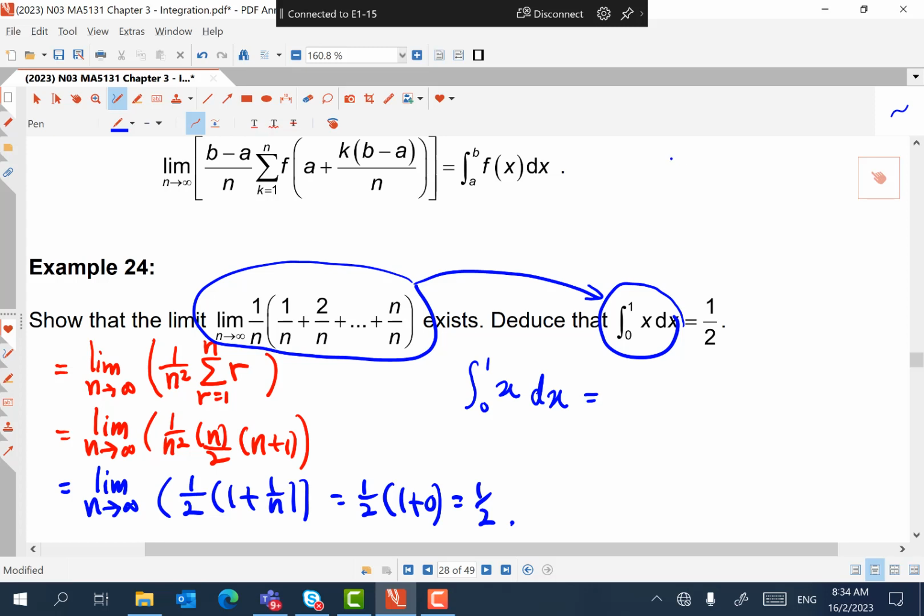draw the graph of y equals x, and repeat the same steps that we had earlier by dividing this into n rectangles. Then you find the area of each rectangle and affirm that it is the same.